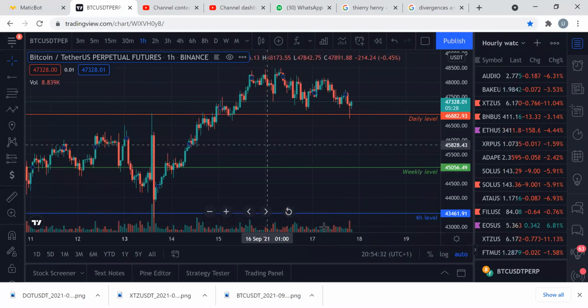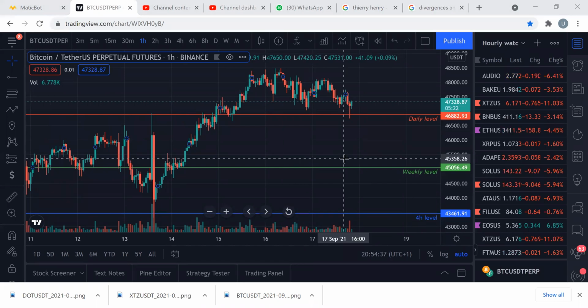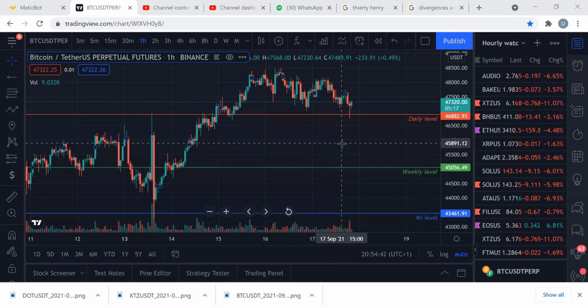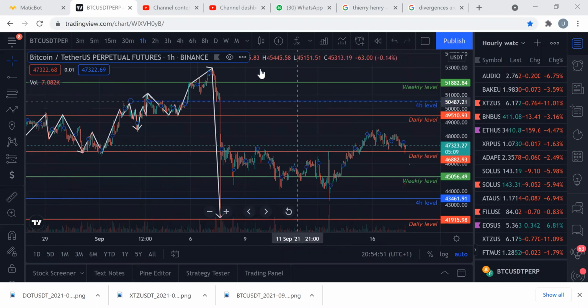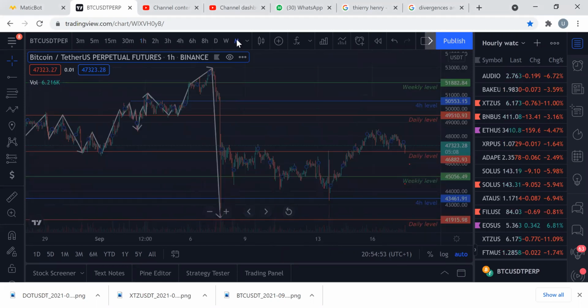So the assignment is this, for the benefit of those of you that are here. Apart from Bitcoin, just look for any coin you like. You can also use Bitcoin and mark out your levels. Start from monthly.